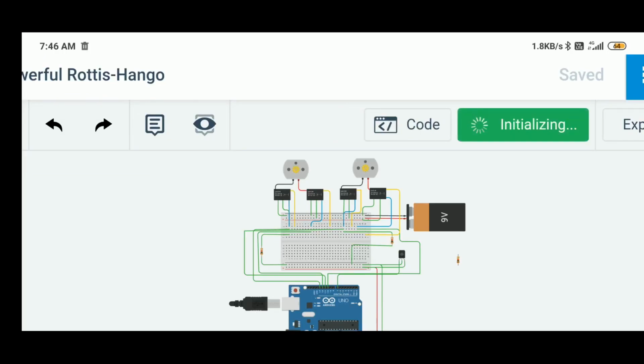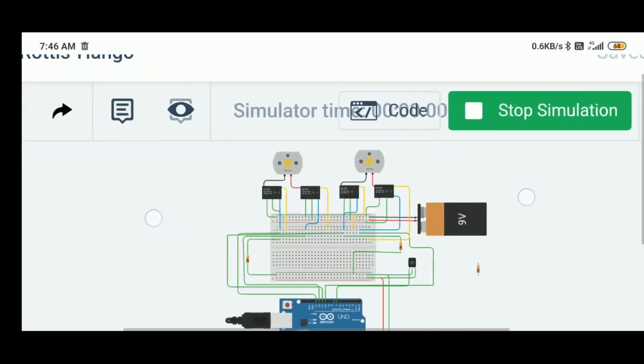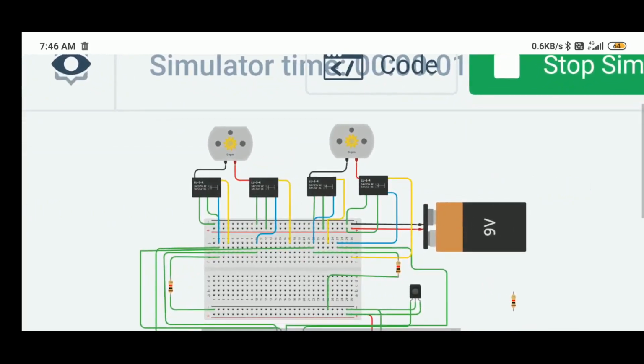This is the working condition of the circuit. When the IR sensor gives high input, the motors will rotate, else they will not rotate, as you can see in this model.